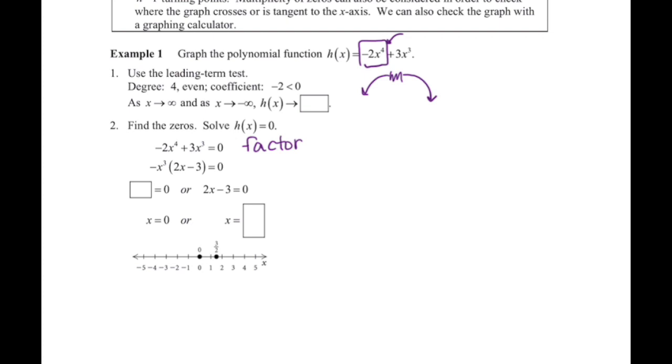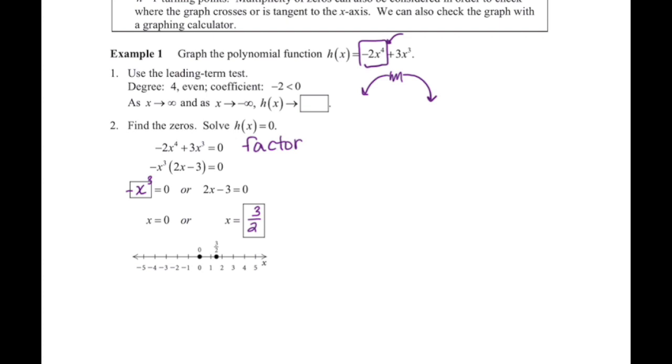When I divide out negative x cubed, I'm left with negative x cubed equal to 0 and 2x minus 3 equals 0. For the left-hand side, I divide by negative 1, which is still 0, and take the cube root of 0, which is still 0. Or for the other factor, add 3 and divide by 2.